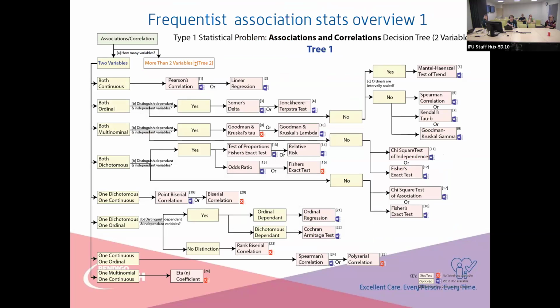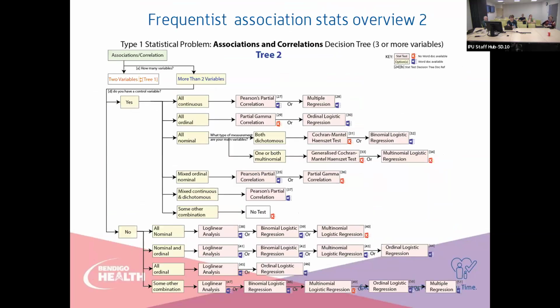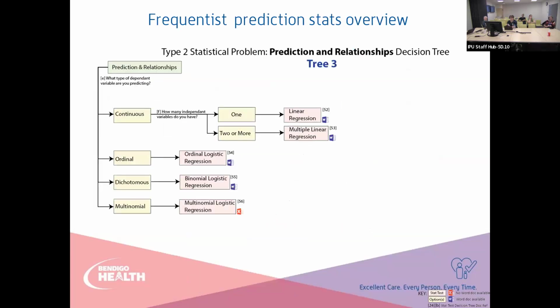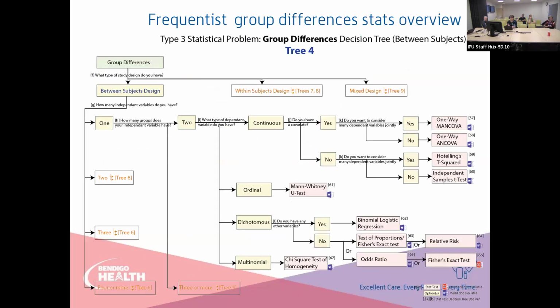You don't need to consume that now. It's just to know that there are a lot of tests. Next one. That's a different decision tree with a different bunch of tests. Next one. Different one again. Next one. The pink ones are different tests. So you can see that there are a lot of statistical tests out there, and one or more of them are going to be suitable to your purpose.